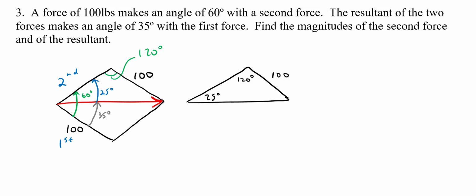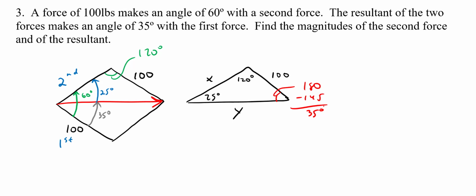So I'm going to call this X and this Y, just to make life a little easier. The first thing I'm going to do is find this angle right here. That's super easy: 180 minus 25 and 120 is 145... so it's 35 degrees.